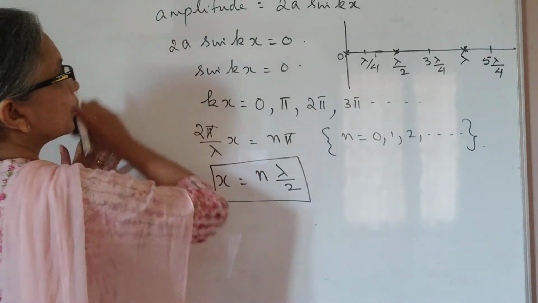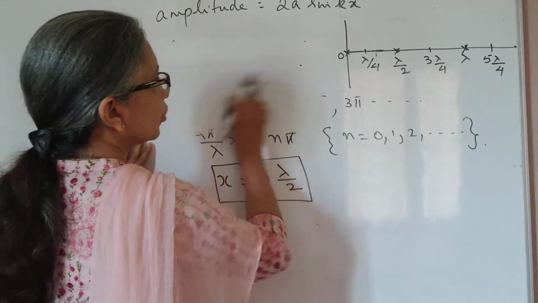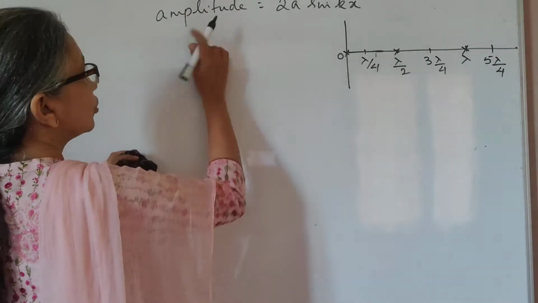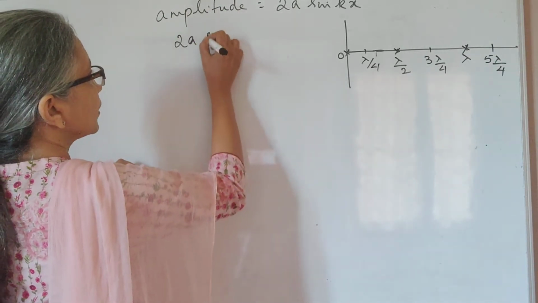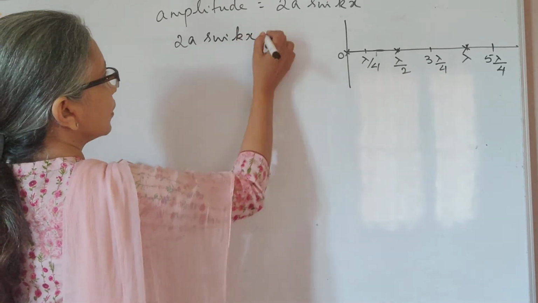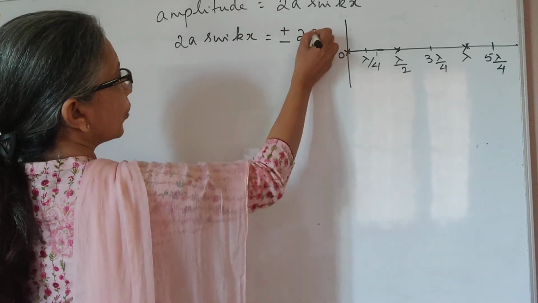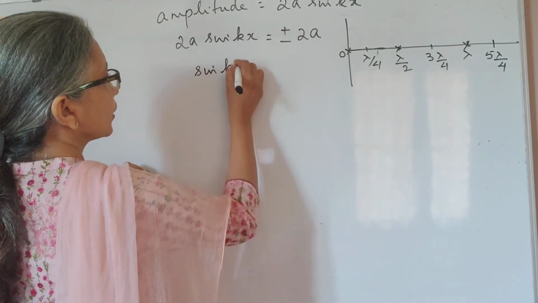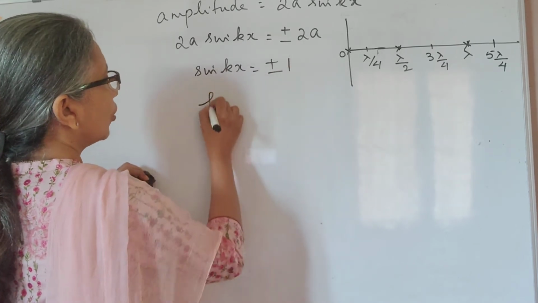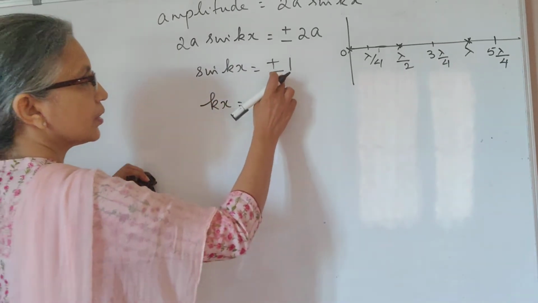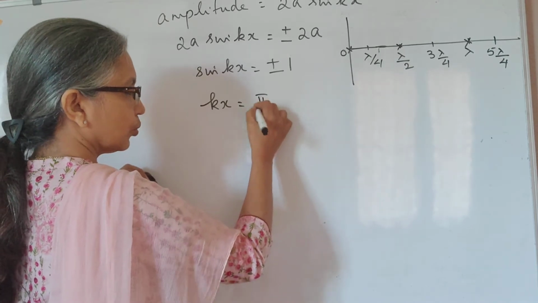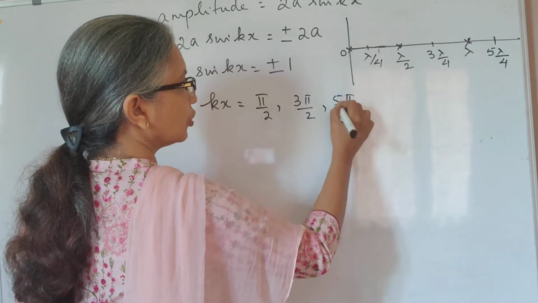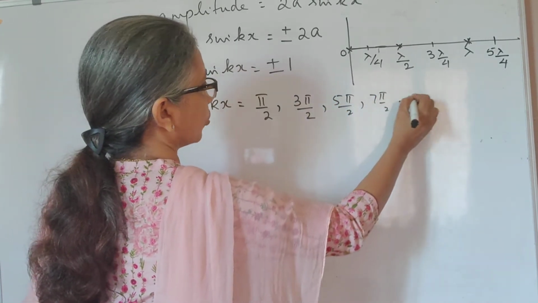We can also have positions where we have the maximum amplitude, which is given by the maximum value that 2a sin kx can take. This can be plus or minus 2a when sin kx is plus or minus 1, which is the maximum value. So kx can be taking values, when does it take 1? Sin pi by 2, 3 pi by 2, that is 270, is minus 1, 5 pi by 2, 7 pi by 2 and so on.